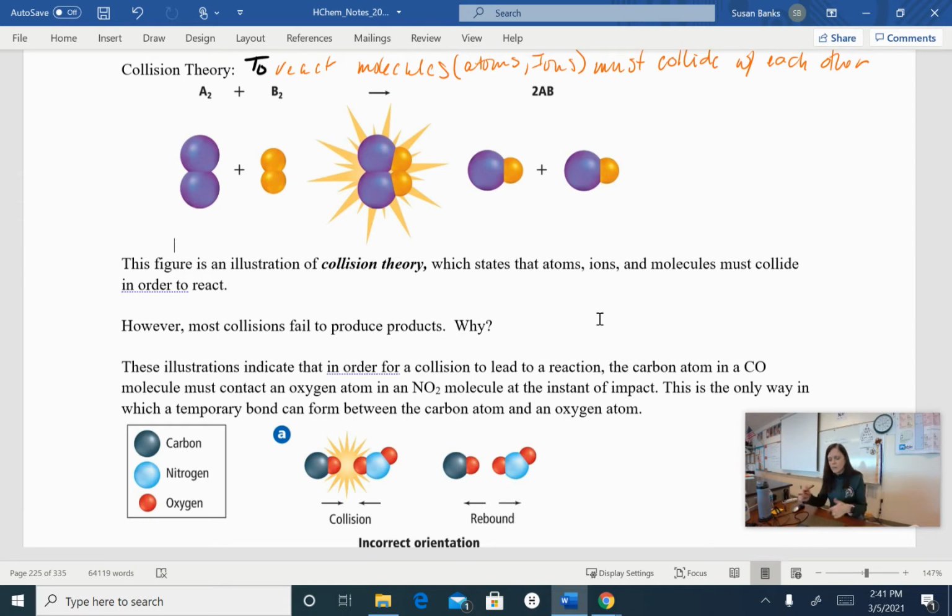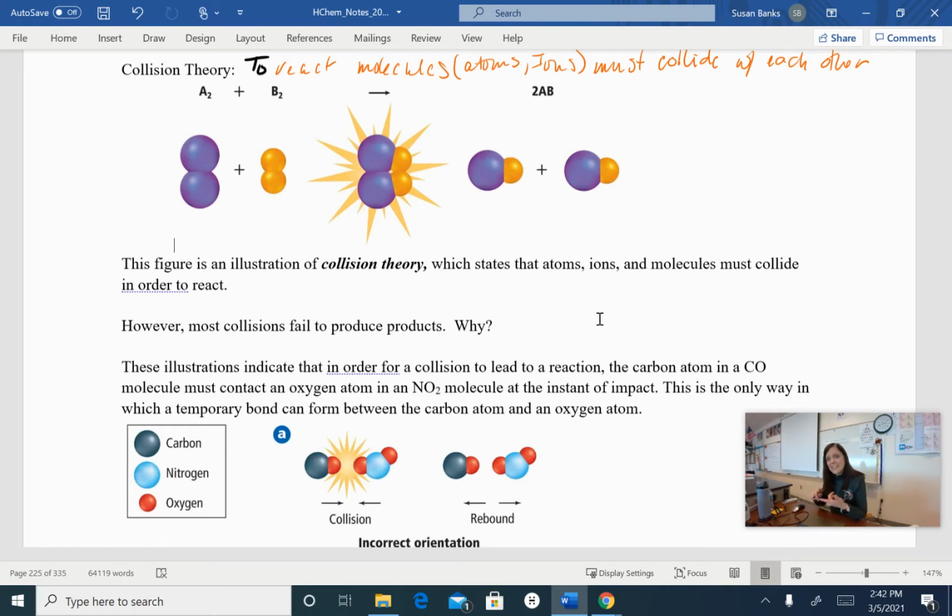Think of this as a demolition derby, if you've ever been to a demolition derby. The idea is to have your car functioning and still drivable while making everyone else's car undrivable. So if I smash my car into the trunk of another car, is that going to make the other car undrivable? No. I need to hit the engine, but I need to hit the engine with something that doesn't make my car undrivable.